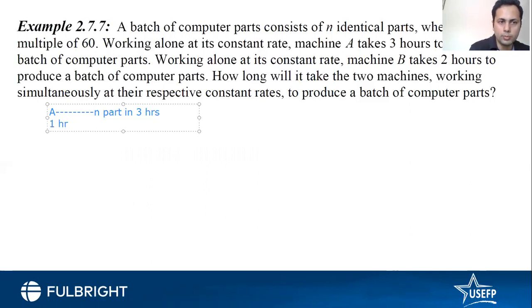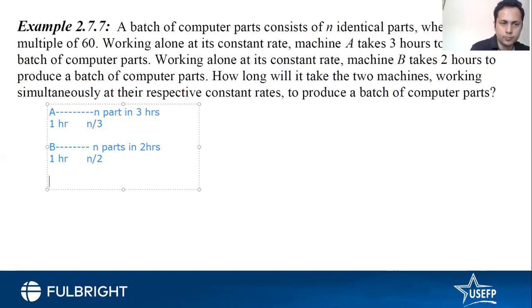In 1 hour, machine A would complete n over 3 parts. Machine B completes n parts in 2 hours. In 1 hour, machine B would complete n over 2 parts.